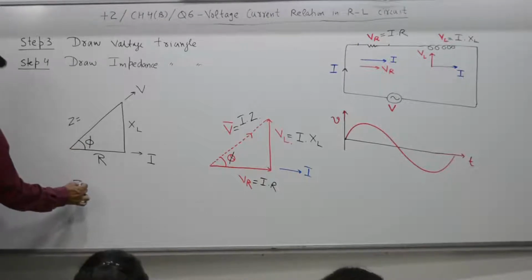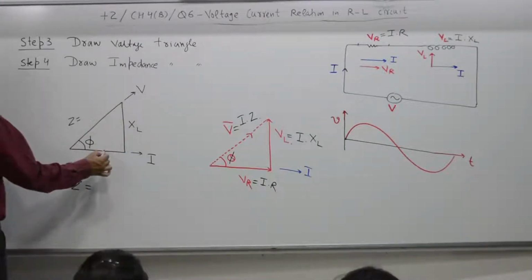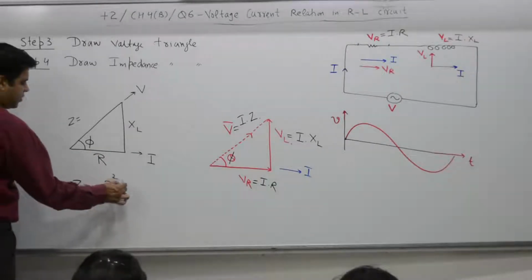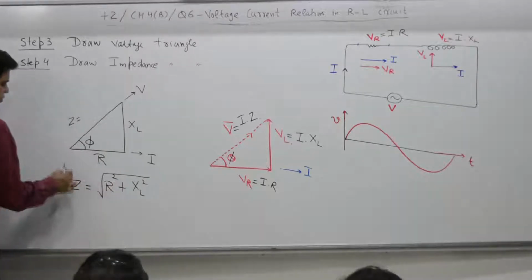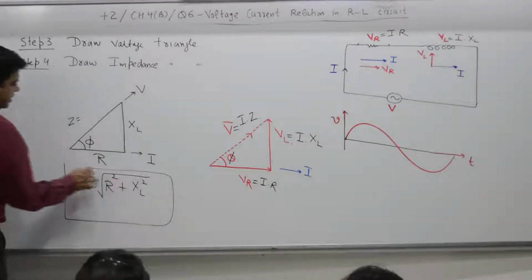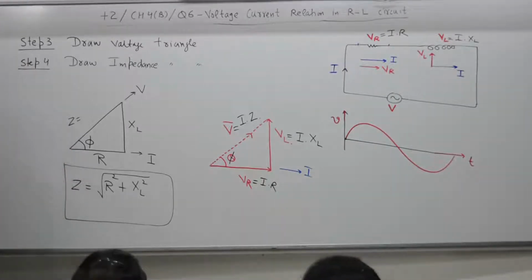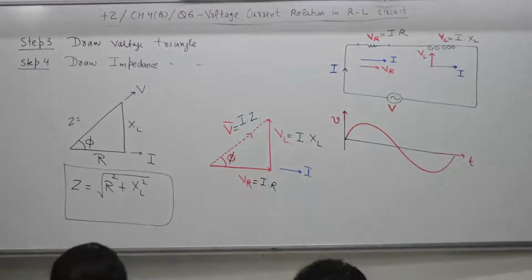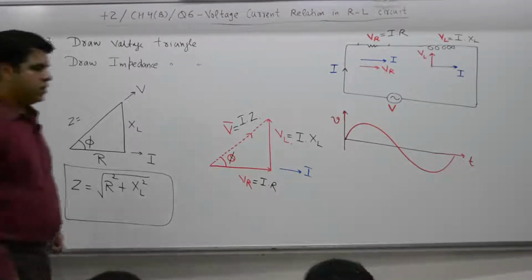Z is equal to, as per Pythagoras theorem, square root of R square plus XL square. So, Z is equal to the square root of R square plus XL square. 2 minutes with you to draw the impedance triangle.